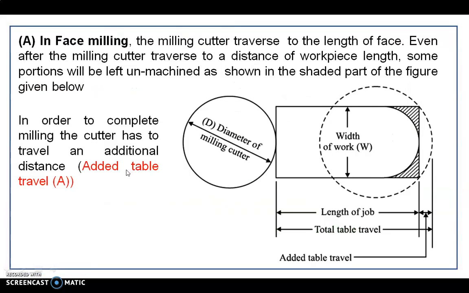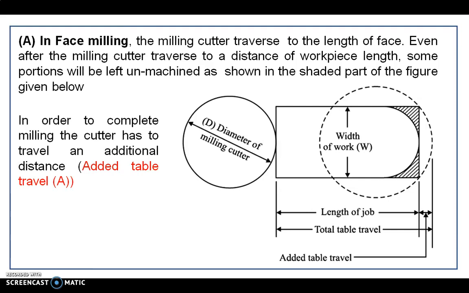In milling there are 2 types of milling process. One is face milling, another one is slab milling or plain milling. What is face milling? Here the milling cutter travels the length of the face. Even after the milling cutter travels a distance of the workpiece length, some portions are left unmachined, as shown in the figure.